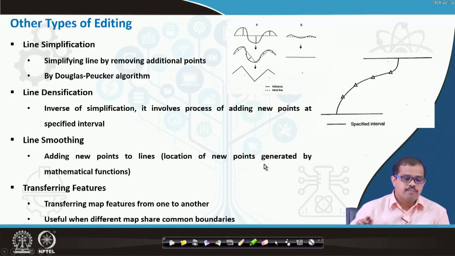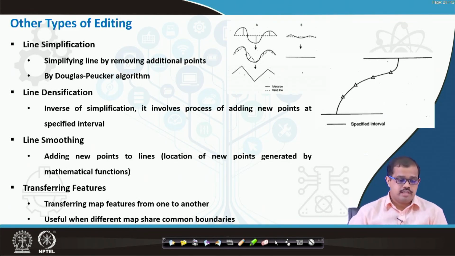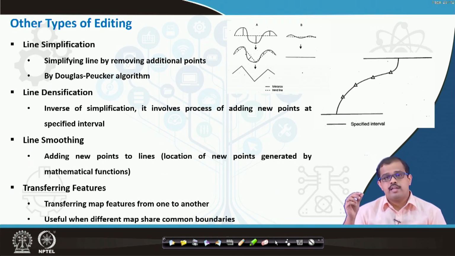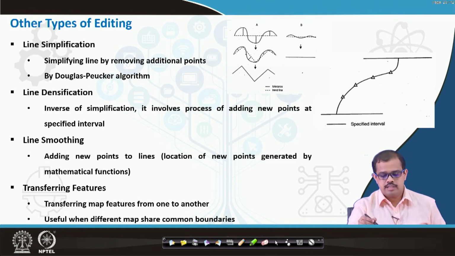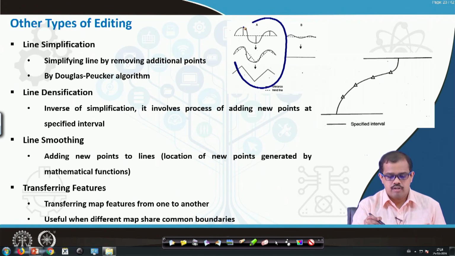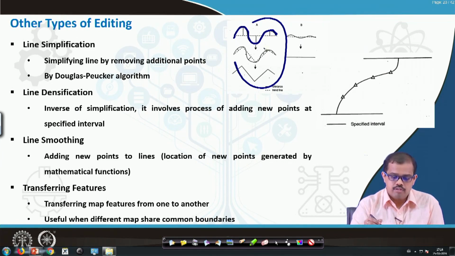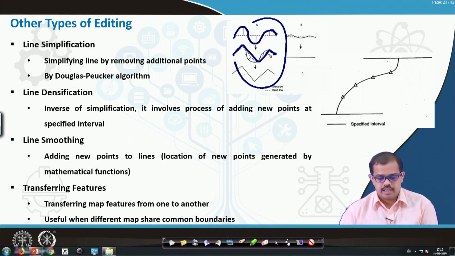Then there are various other types of editing. For example, line simplification is one type of editing, simplifying a line by removing additional points. For example, if you look at example A here that I have shown, you have this particular thing like this. But when you look at the real scenario, this may be much more useful if you have something like this.